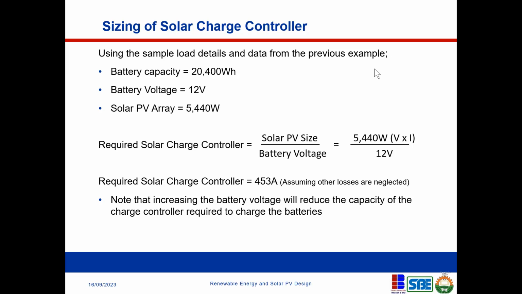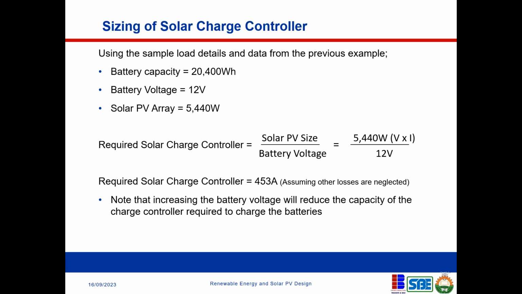Yes, in addition to what Engineer Abdullahi has said, look at the number of batteries required in your system. For example, you have already established that you need 8 batteries.